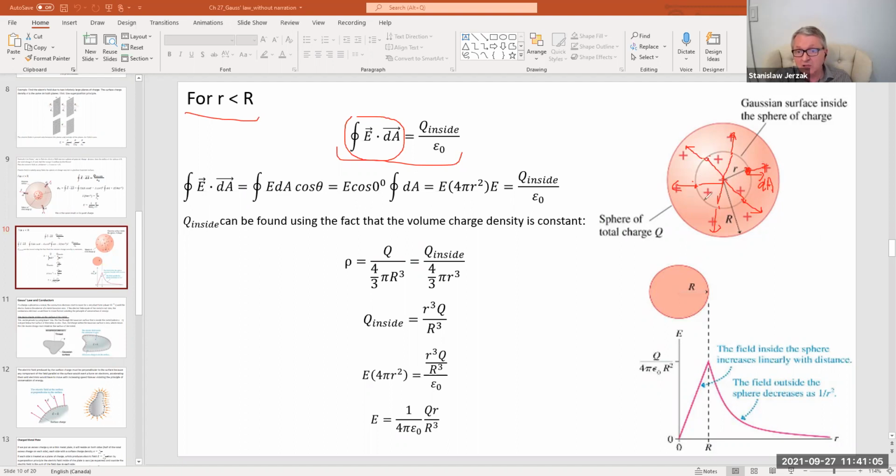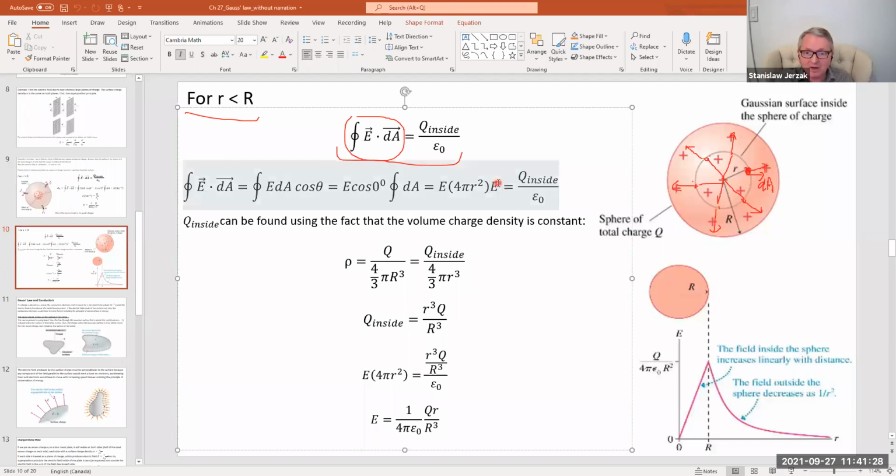E, electric field is constant on the sphere, so I would take E cosine 0. Cosine 0 is 1, of course, in front of the integral, and then I would integrate over this Gaussian surface, which would give me, again, the area would be pi r squared. So now here I see that I have written twice electric field, which is obvious mistake. So I delete that one E.